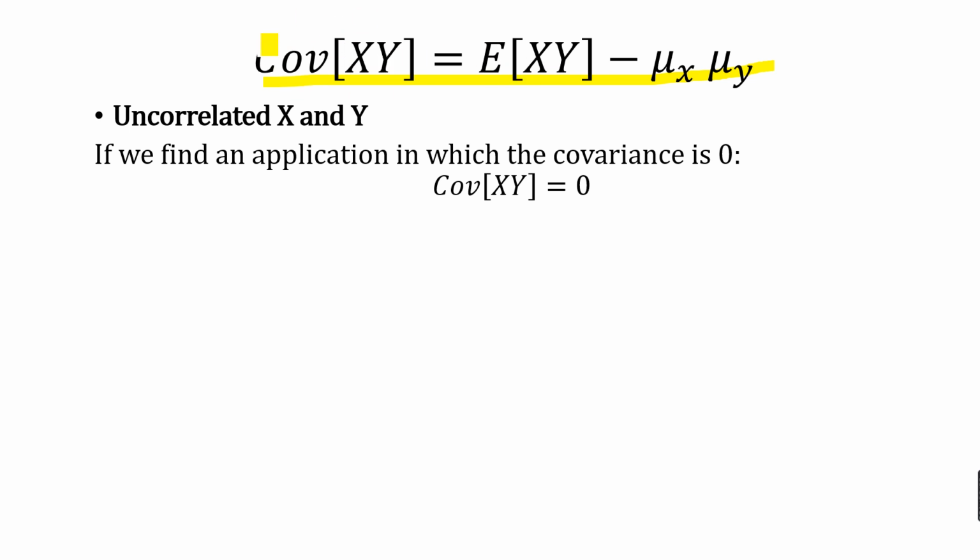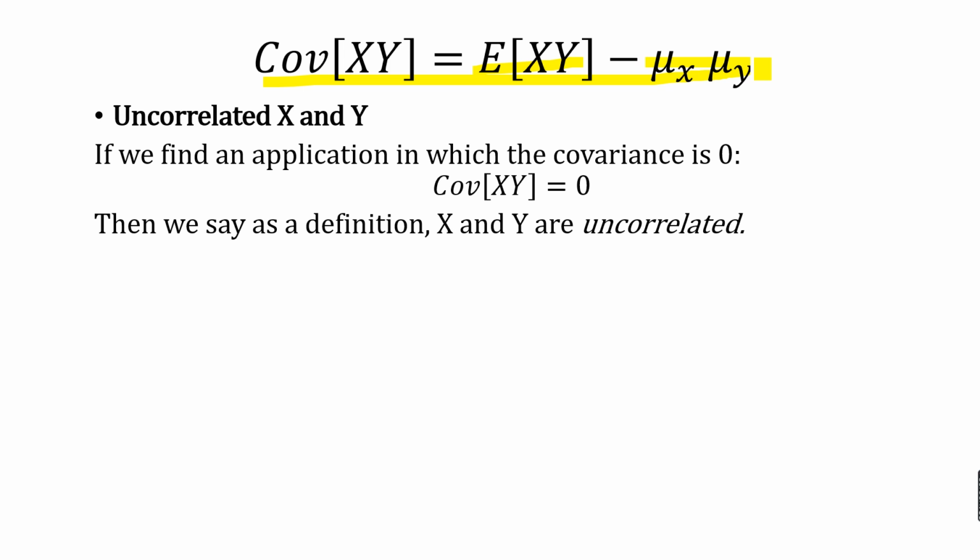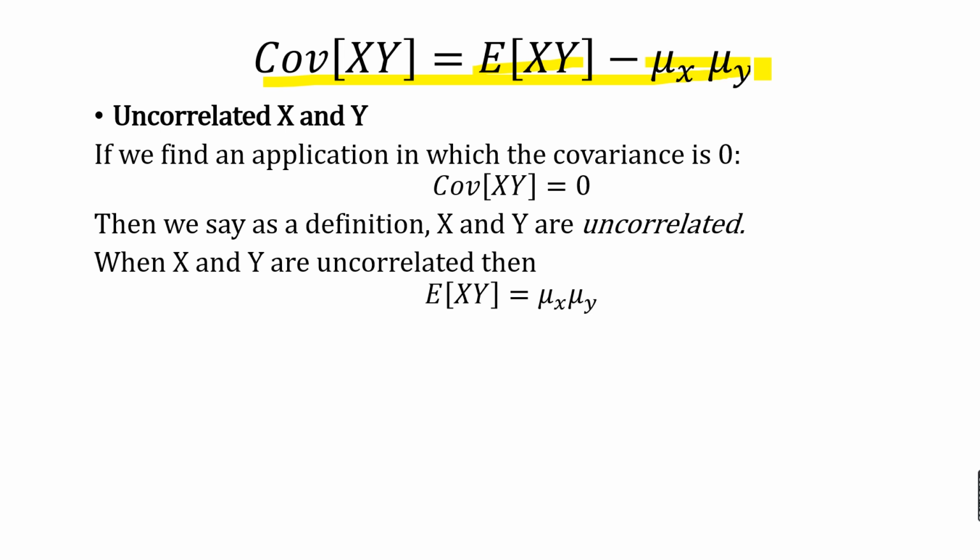We can observe here that if covariance of x and y is 0, then this term equals this one. That is nothing but uncorrelated x and y. If you want to say that random variables x and y are uncorrelated, then covariance of x and y should be 0. If covariance equals 0, then correlation of xy equals the product of the means of x and y.